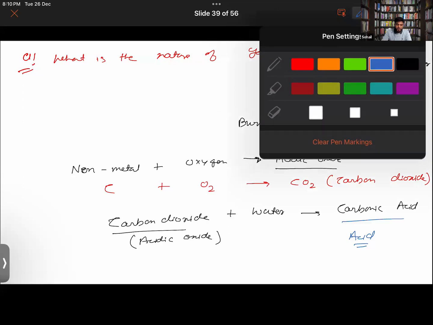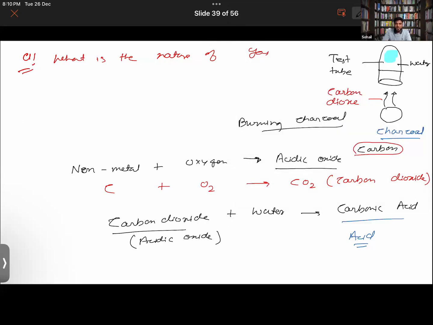Basically, look here, guys. This carbonic acid, when I did the litmus paper test, what will I find? कि ये किस litmus paper को किस color में change करेगा? Blue to red.